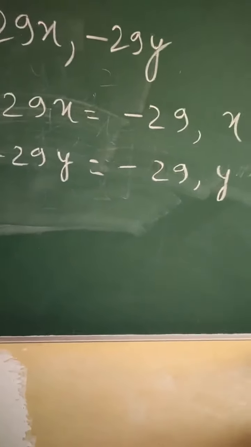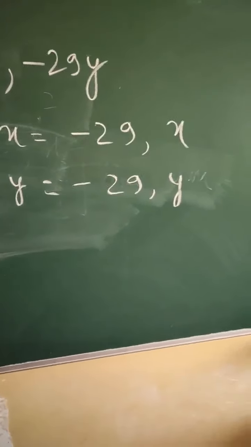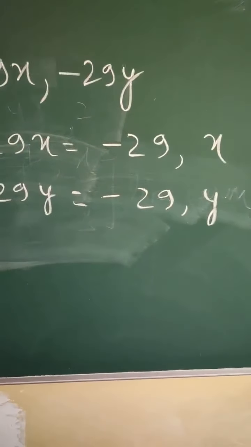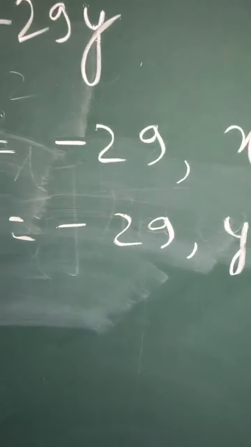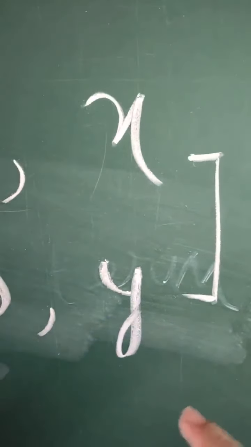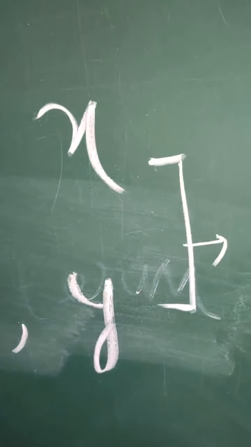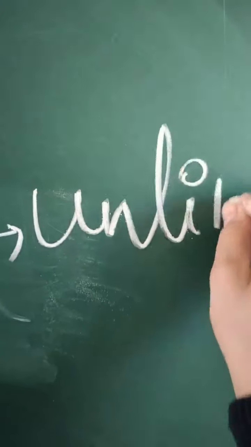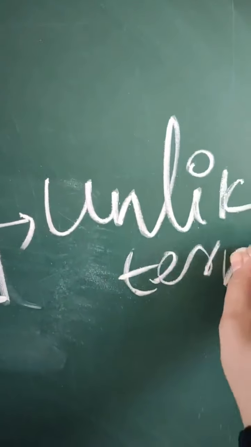So you can see here that the variables are different. I have already told you that like and unlike terms are distinguished with the help of the variable. If they have the same variable, then they are like terms. If they have different variables, then we consider them unlike terms. So it is an unlike term here.